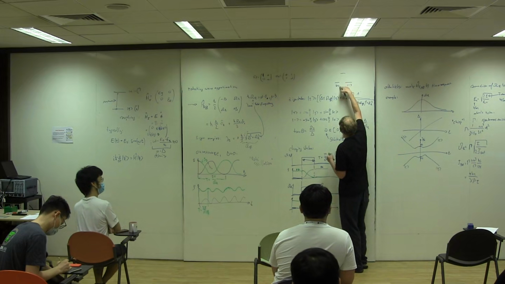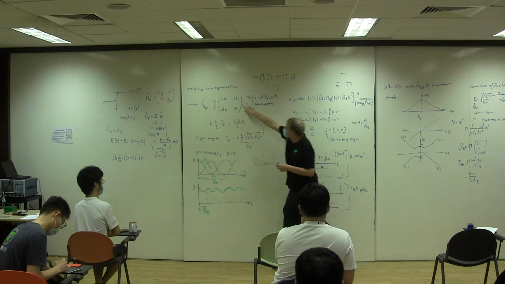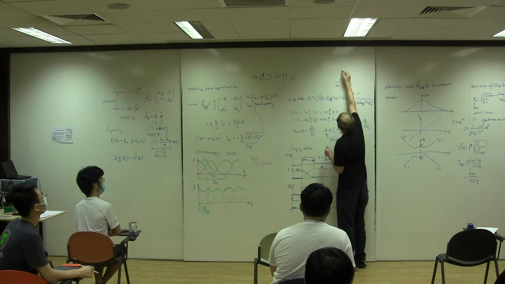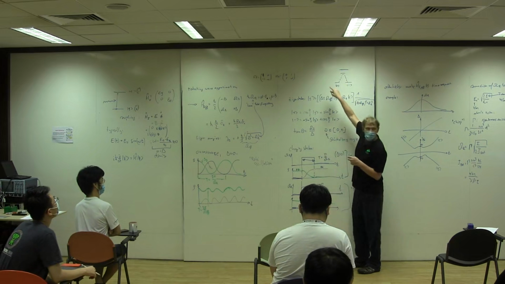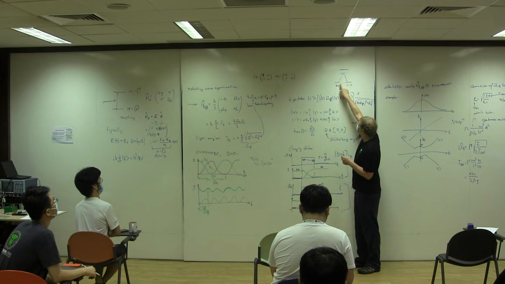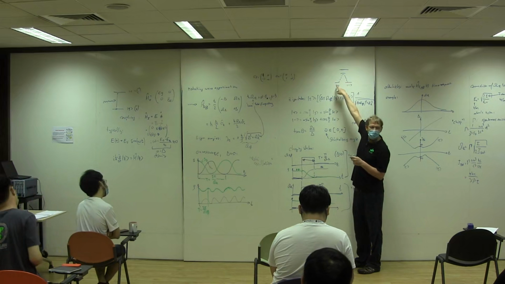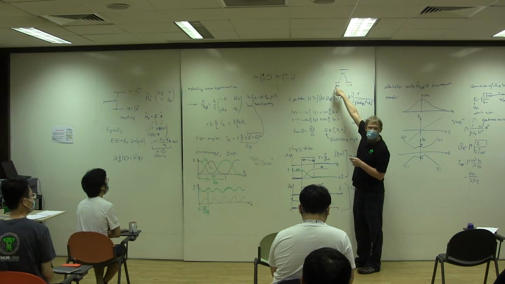Then you switch on a coupling by using an intermediate state, maybe somewhere here, transferring excitation from here to there by going through an intermediate state. That would be called a Raman transition.